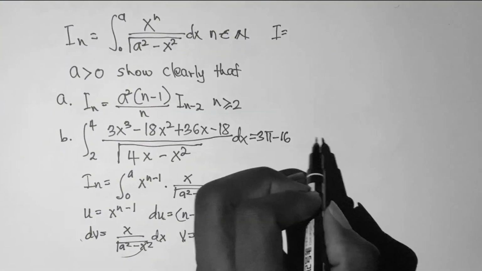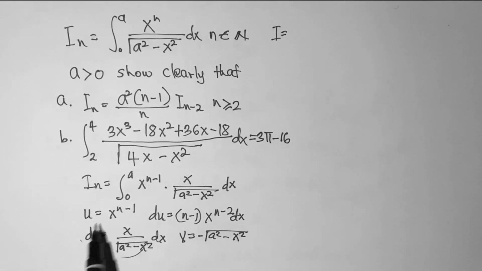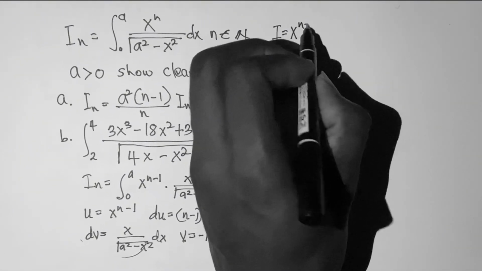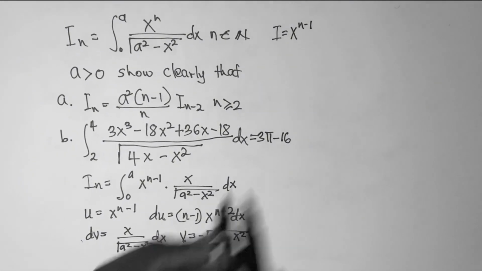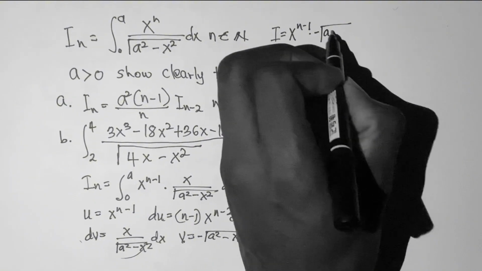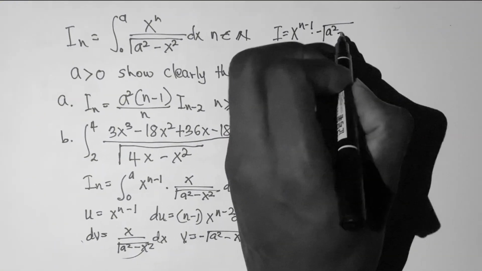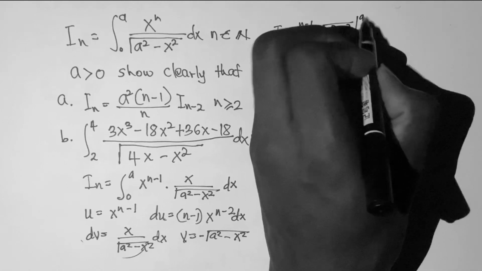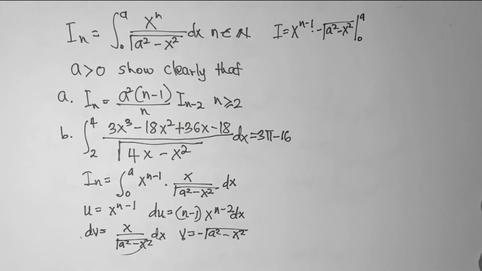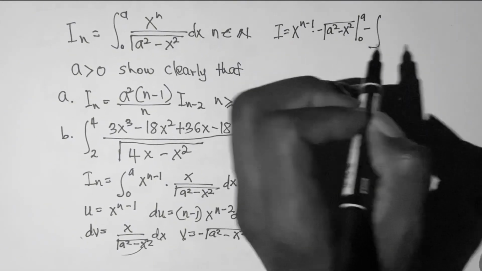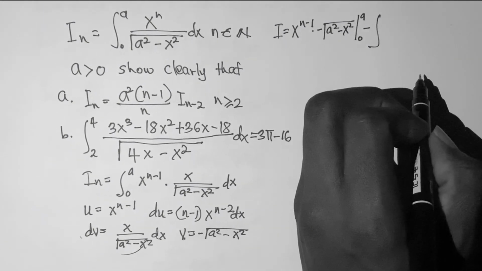It's equal to, now u is x exponent n minus 1, and then v is minus square root of a squared minus x squared evaluated at 0 and then a, and then minus integral of v du.